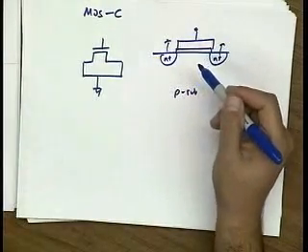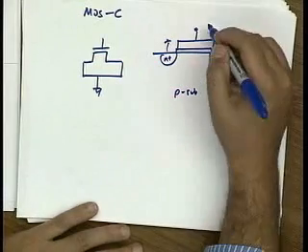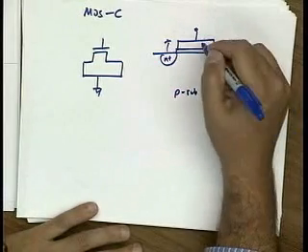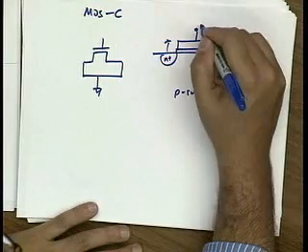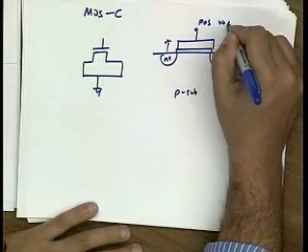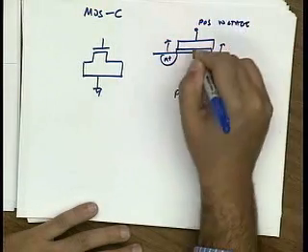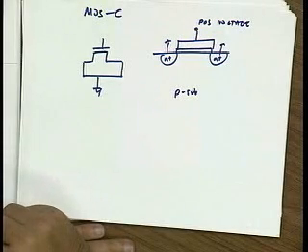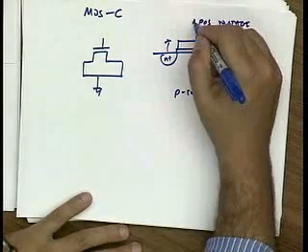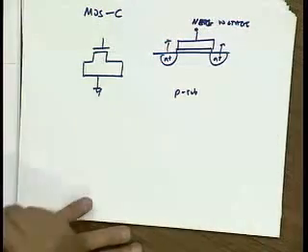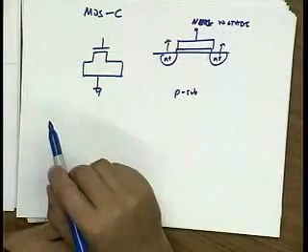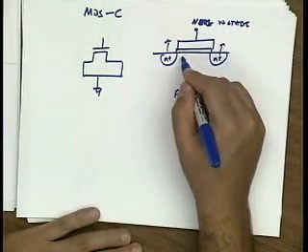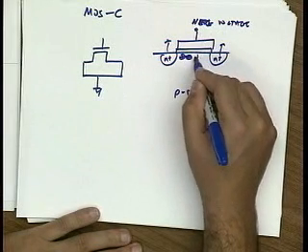So first of all, if I put a negative voltage here, then that's going to attract holes to the surface, right?